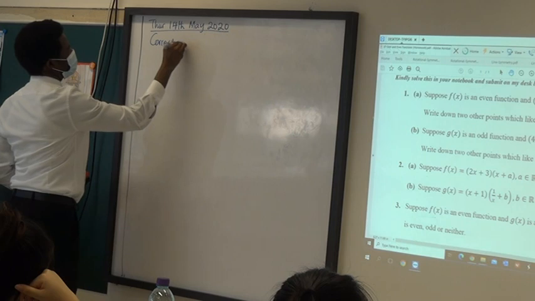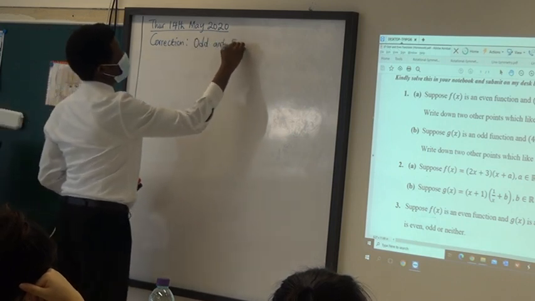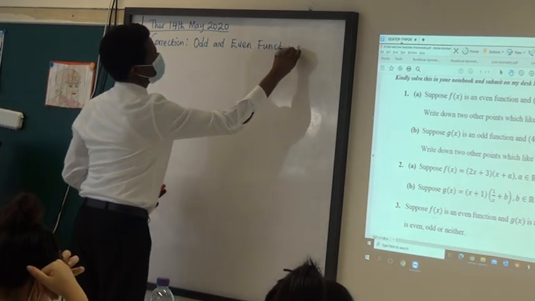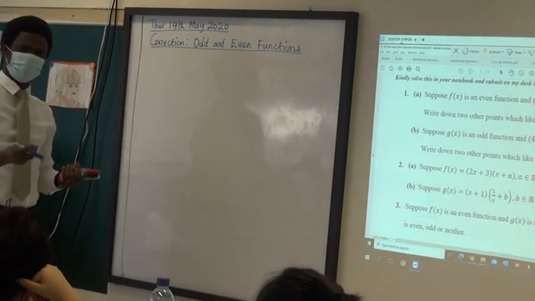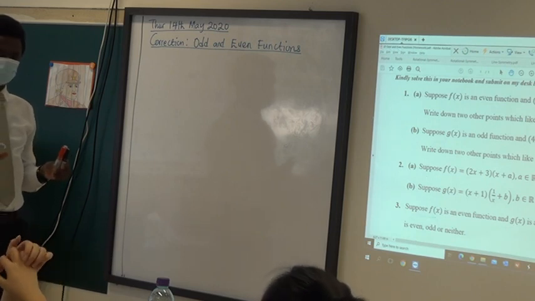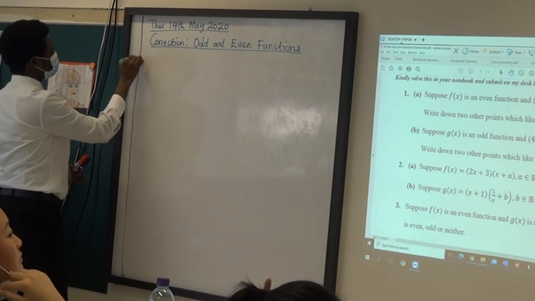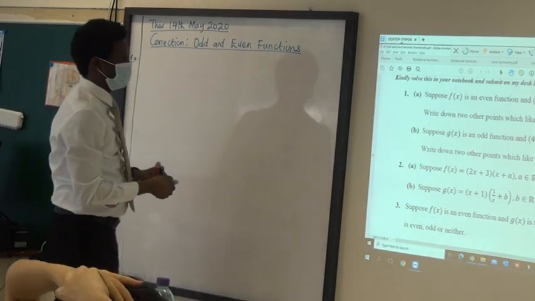to start with the correction. The purpose of this correction is actually to just make you see how you could argue. Okay? I'm not saying you have not done right. Don't get me wrong. So 1a. Because it is even, what is the property of an even function?